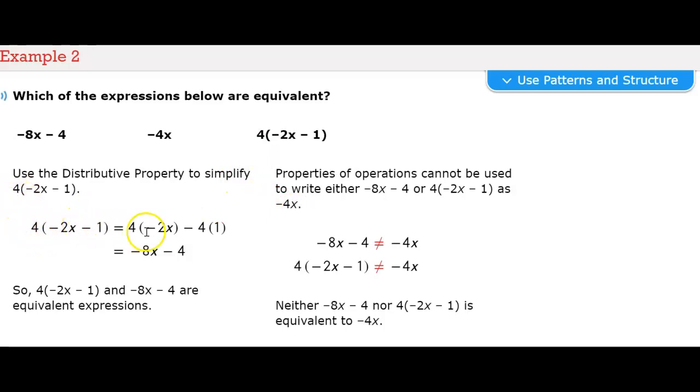They show it to you here where you evaluate the expression and you get negative 8x minus 4. For this one, it shows 4 with negative 2x minus 1 in parentheses as 4x, and it shows that they are not equal. So that's how you would prove whether the expressions are equivalent or not.